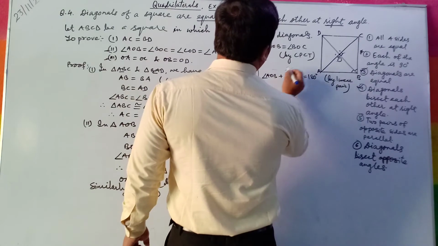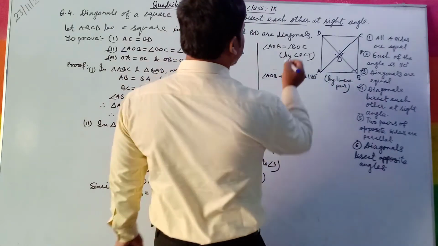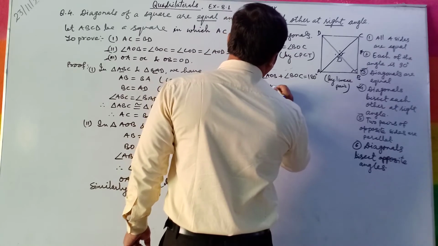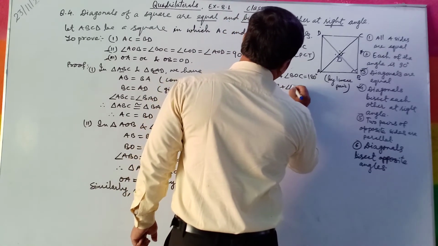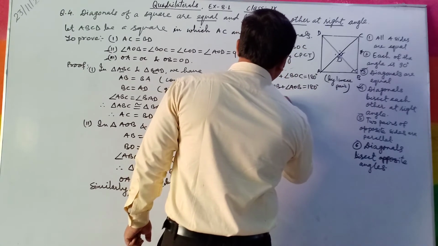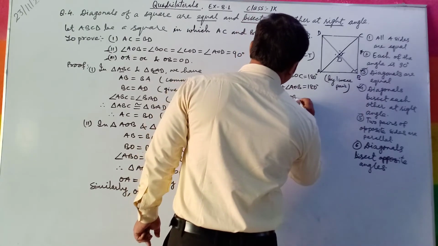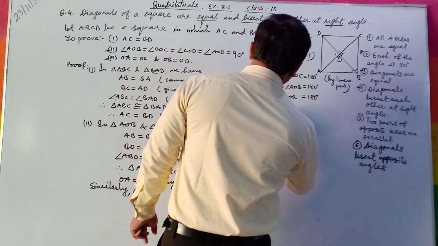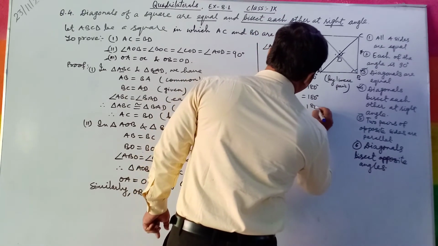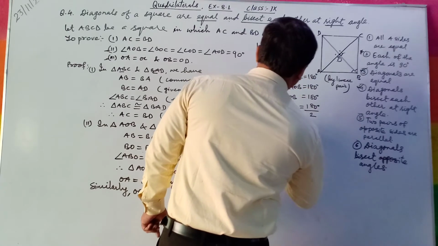So any one angle can be replaced. BOC will be replaced by AOB. Then angle AOB plus angle AOB equal to 180 degrees, and twice angle AOB equal to 180 degrees, or angle AOB equal to 180 degrees upon 2.